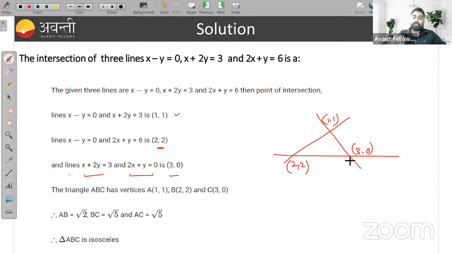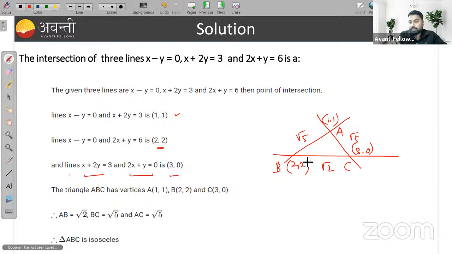So can you use the distance formula to find the distance between all these 3 points? By applying the distance formula, suppose this is my AB. I'm getting AB is root 2, BC is root 5, and AC is root 5. That means this is my root 5, this is also my root 5, and this is my root 2.